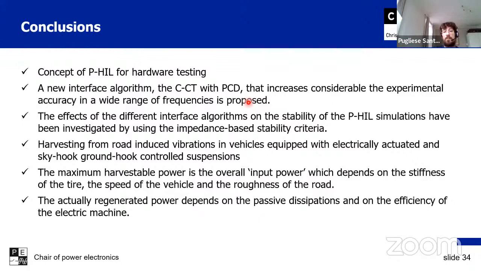suspension. We see that the maximum power that we can harvest depends on the passive component, which is the stiffness of the tire, but also depends on the speed and the grade of the road. And in general, the maximum really active power that we can regenerate depends also on the electrical machine and on the copper losses, mostly of the electrical machine.